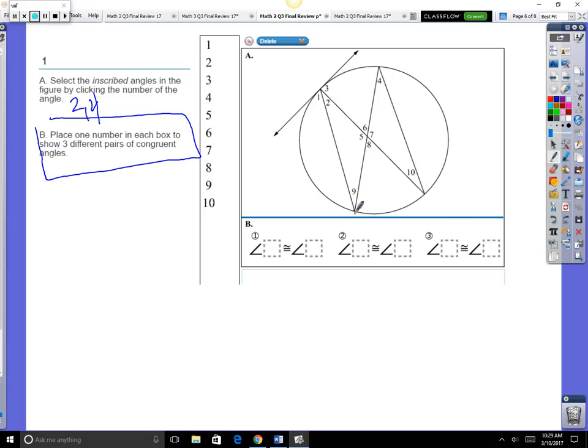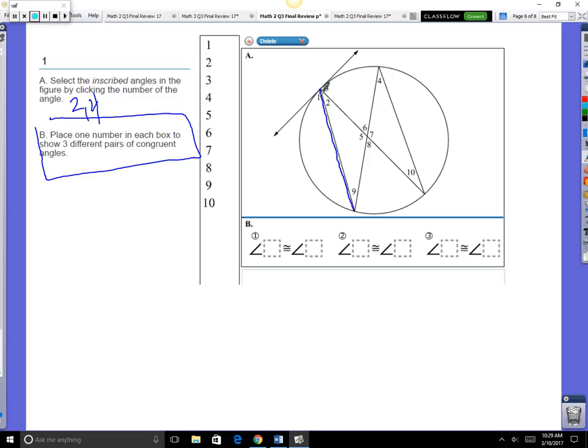9 is inscribed, because all 3 of its points touch the circumference of the circle. 10 is an inscribed angle. So 2, 4, 9, 10.